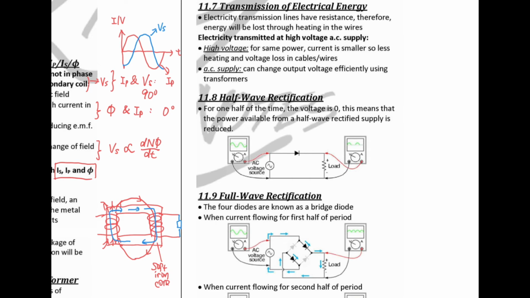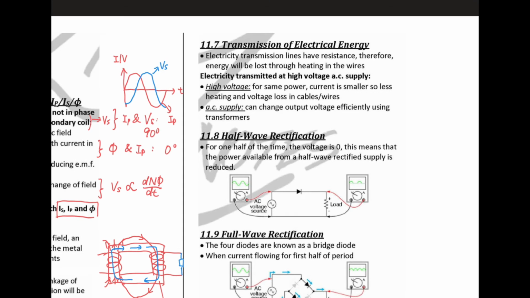So they keep cutting the secondary coil non-stop. In that situation, EMF is induced. That's why we must use alternating current in a transformer. Direct current cannot.